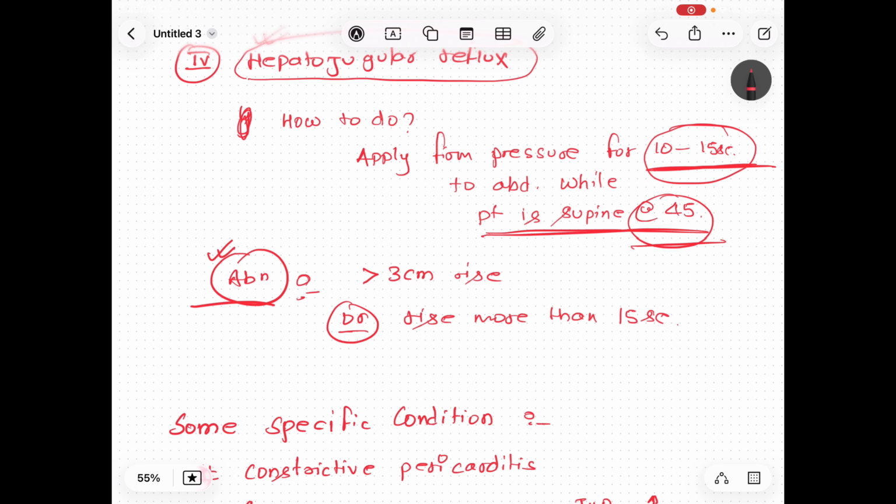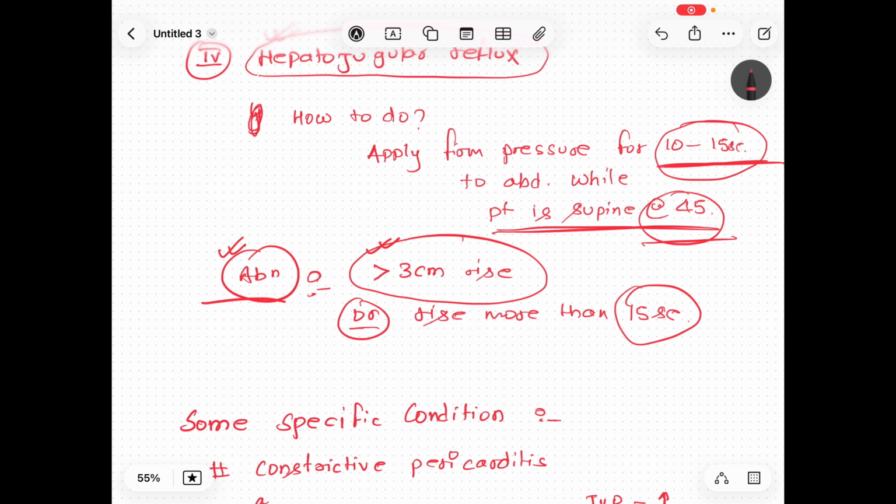When you apply pressure, there is a rise of JVP of 3 centimeters, or a sustained rise for 15 seconds. Normally, when you press the abdomen, JVP rises slightly for some time, but it does not rise for more than 15 seconds. If it is rising for more than 15 seconds, then it is abnormal.